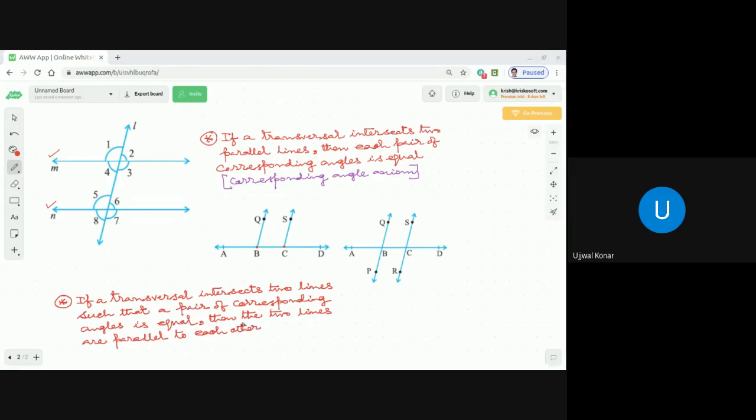And this is known as the converse of the corresponding angles axiom.